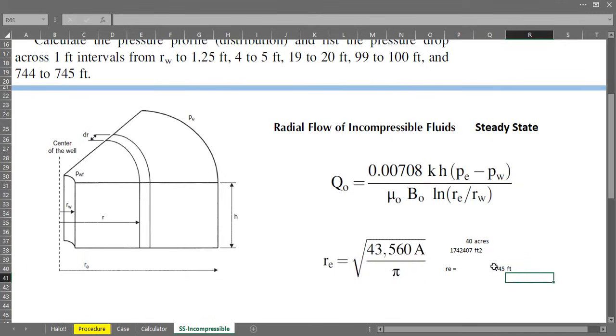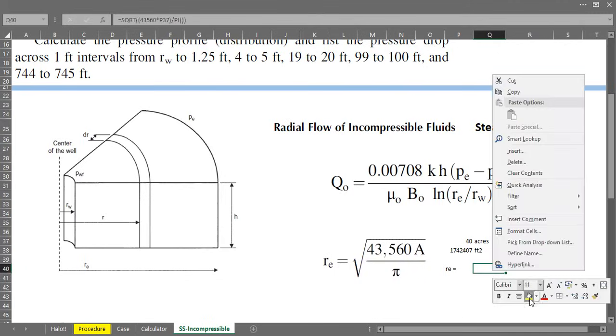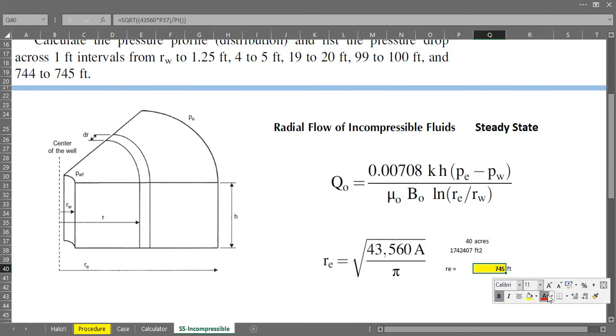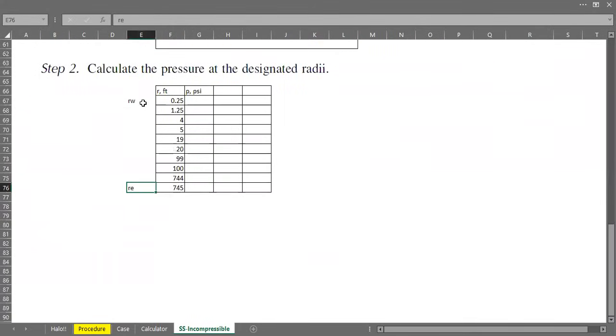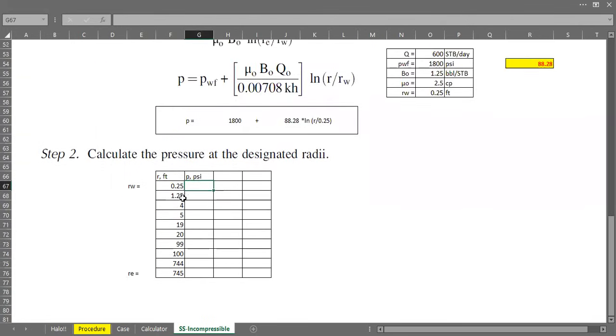So this one, right, 745 feet is actually the drainage radius. Okay, so rw is 0.25, drainage radius 745.